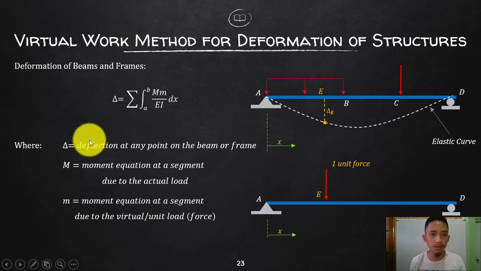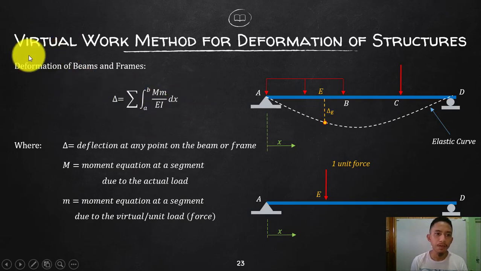If you want to know how this is derived, it is actually derived from your dynamics of rigid bodies and deformable bodies, the work energy method of determining strength, and relating kinematics with kinetics. So you can go to books and take a look at how this is derived using work energy.